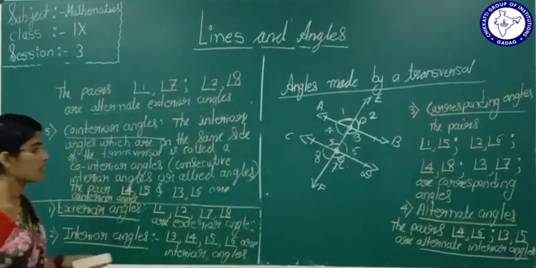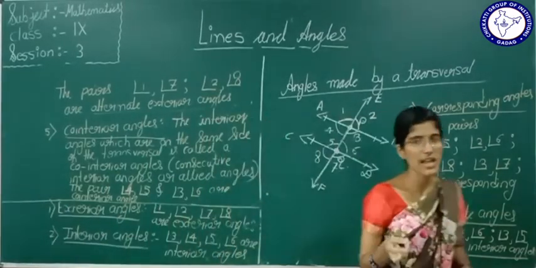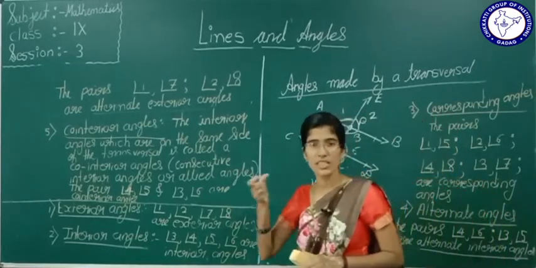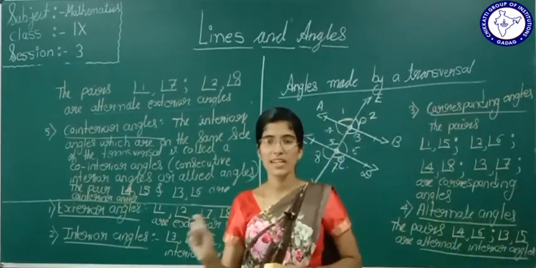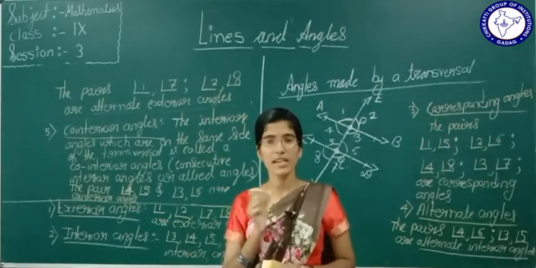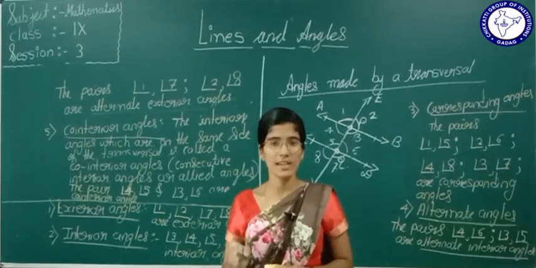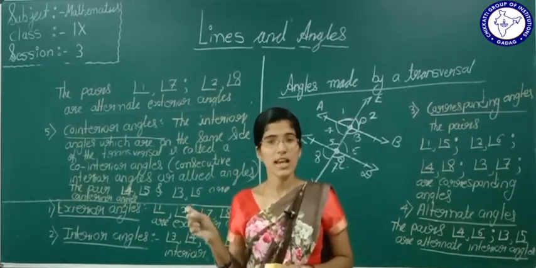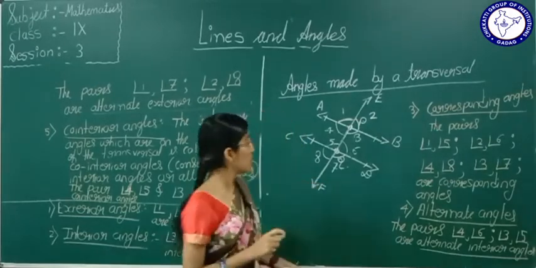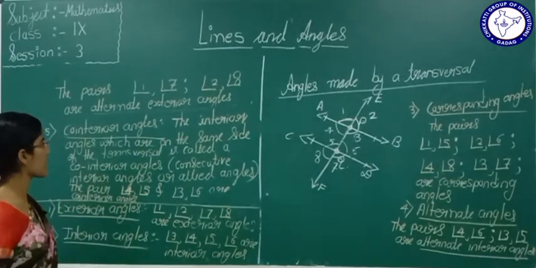Now see here, usually for alternate interior angles we will write just alternate angles. It is a common practice. If we write alternate angles, you have to understand that it is alternate interior angles. For alternate exterior angles, we write alternate exterior angles only. Next is co-interior angles.